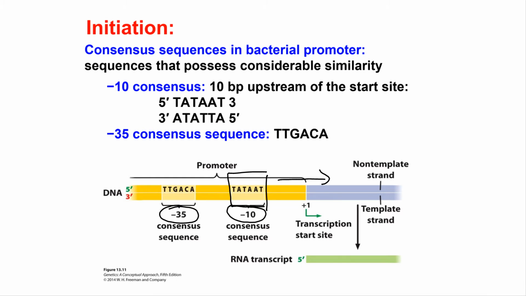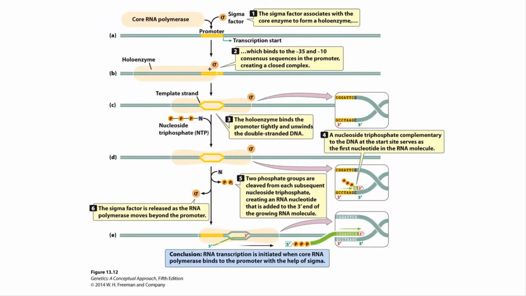Most bacterial promoters are located upstream of the transcription start site. What positions the transcription apparatus, that holoenzyme, at the transcription start site is, you remember, sigma factor, which completes the holoenzyme.